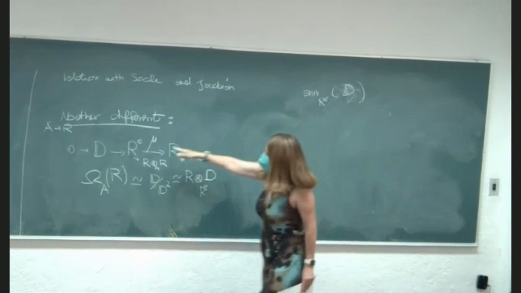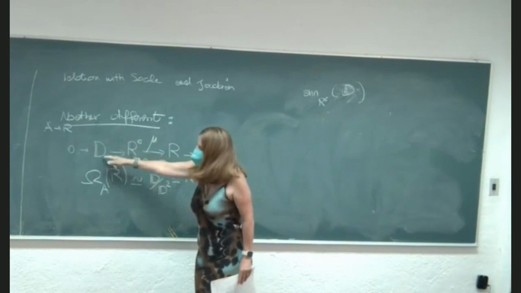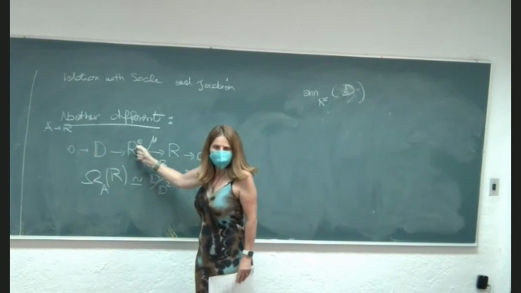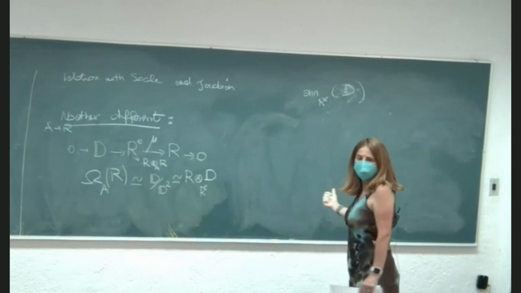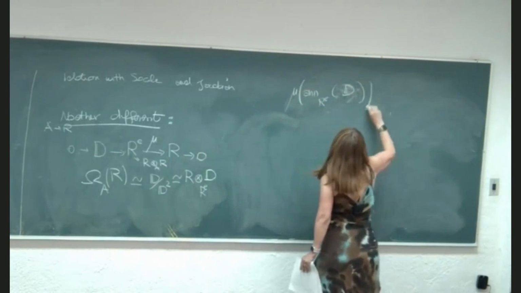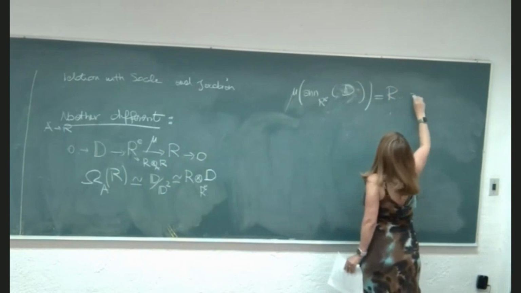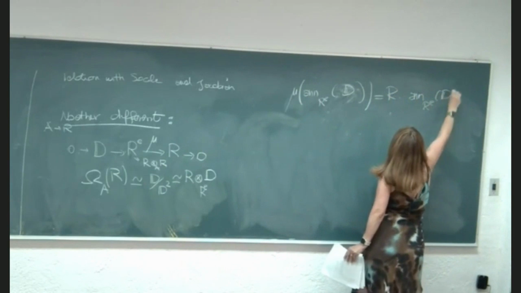So it sits here. It's the annihilator of the diagonal ideal. And then we push it with mu. If you want this R, you can also write it like this. This is the same thing.